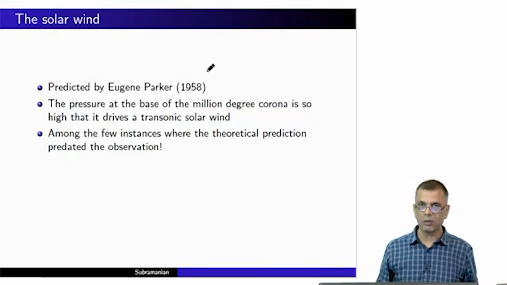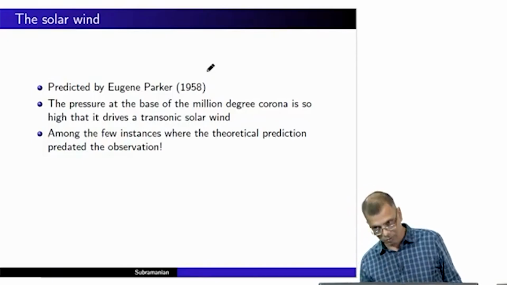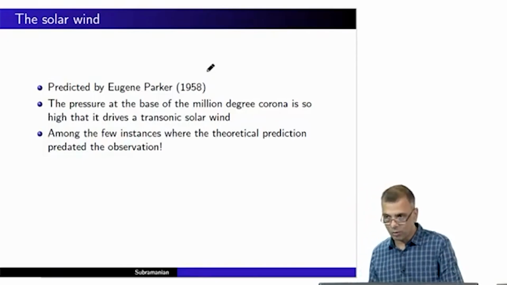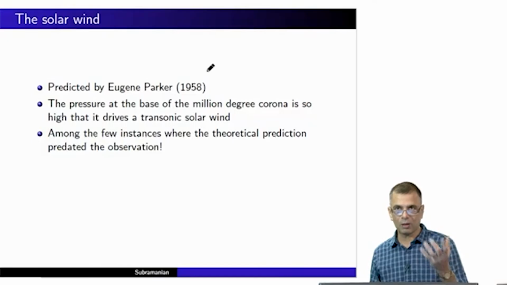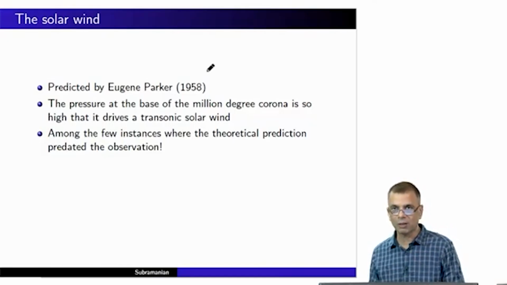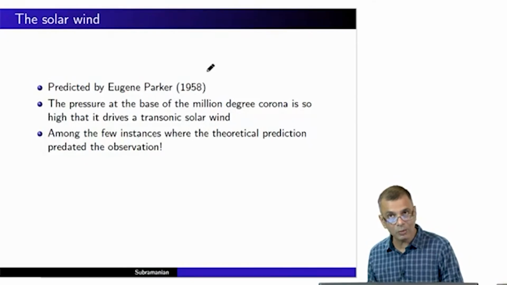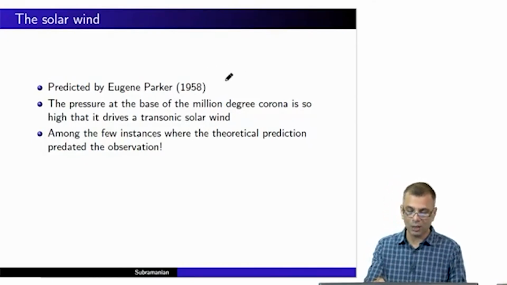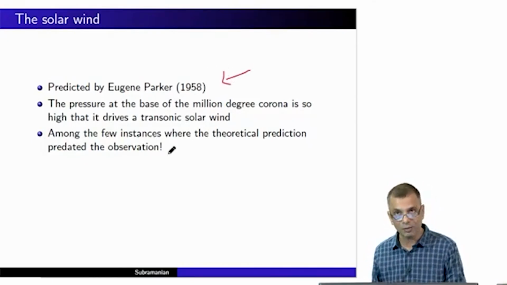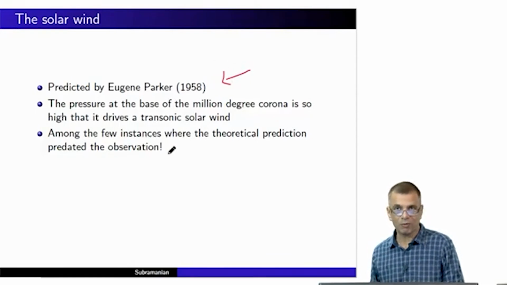I will show you how the observational confirmation of the solar wind was quite interesting, the way it happened. But it was among the first few instances where the theoretical prediction predated the observation. So this is quite a brilliant thing. This doesn't happen very often.